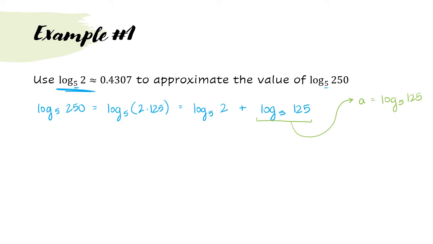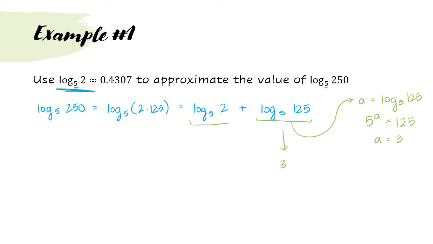I can rewrite this equation in exponential form, taking my base, 5, to the a power is equal to 125. So that might make it somewhat clear to us. a is going to have to be equal to 3. So log base 5 of 125 is equal to 3.